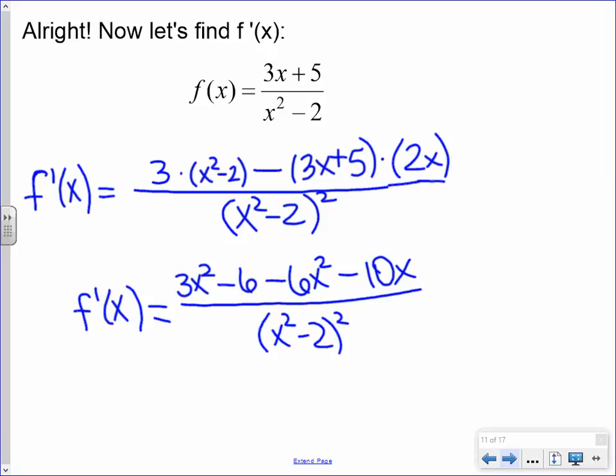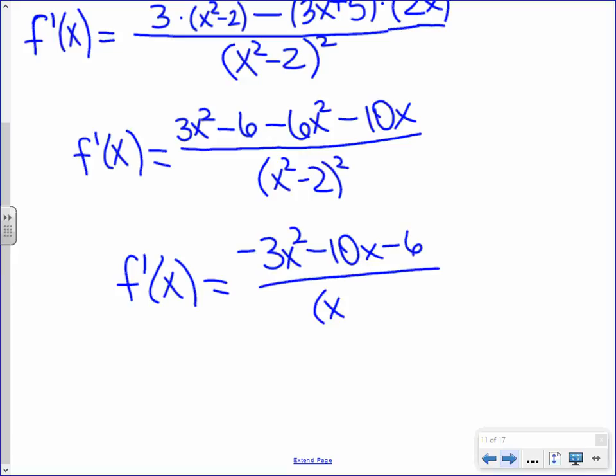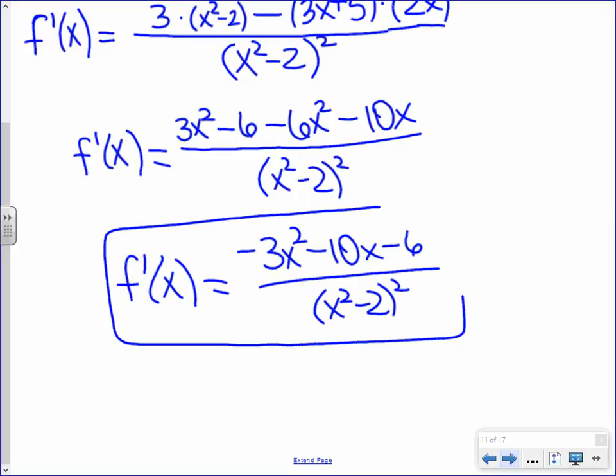Do you agree with my distributing? Nobody's saying otherwise, so. Then if we combine like terms, I would write it as negative 3x squared minus 10x minus 6 all over x squared minus 2, the quantity squared. And that is how.